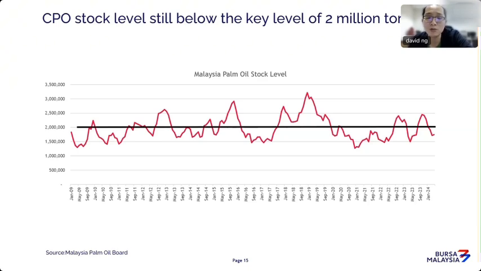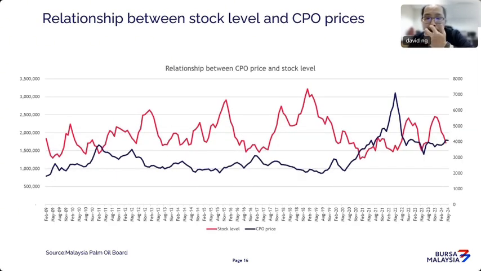But I think it's crucial to take note: if you see rising stock levels in general, it normally means there's going to be pressure on prices. I think this chart actually relates better. The blue line is your CPO prices against the red line, which is your stock levels.